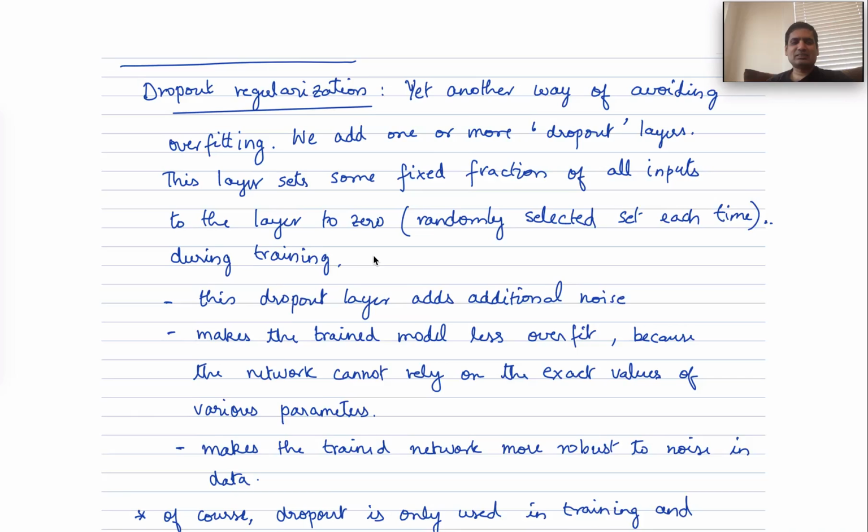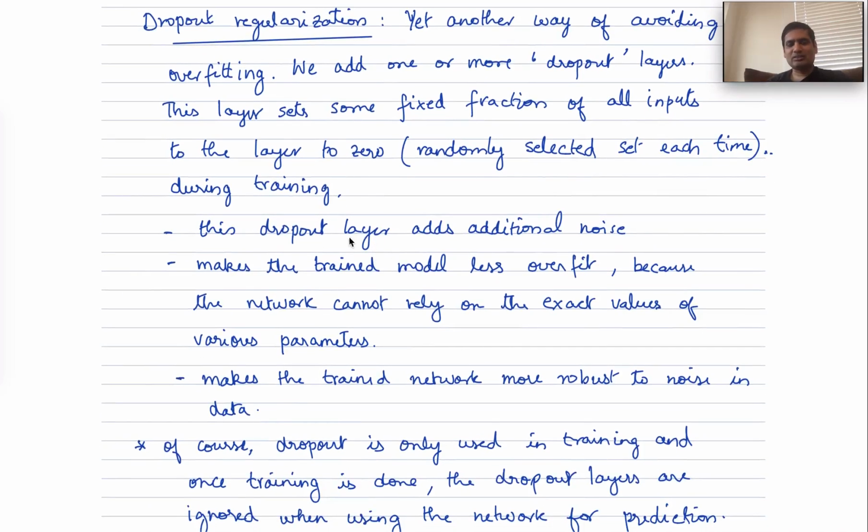What this means is that this dropout layer adds additional noise because it's randomly setting a few weights or biases to zero. But it also has the effect of making the trained model less overfit because the network cannot really rely on the exact values of the various parameters.